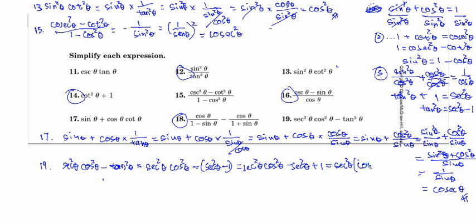So here I got cosine square theta minus 1, plus 1. Now, this seems to be the same as the first identity. If I move the 1 over here, it becomes cosine square theta minus 1, move this to the left hand side, and then this moves to the right hand side, becoming minus sine square theta.